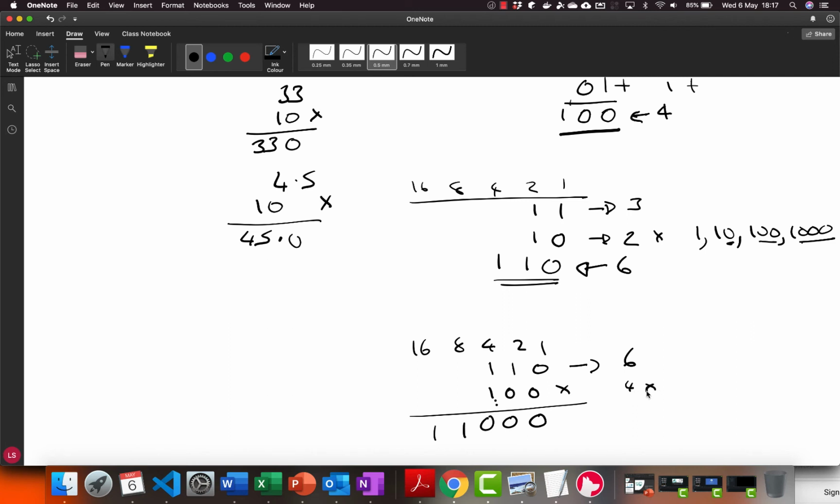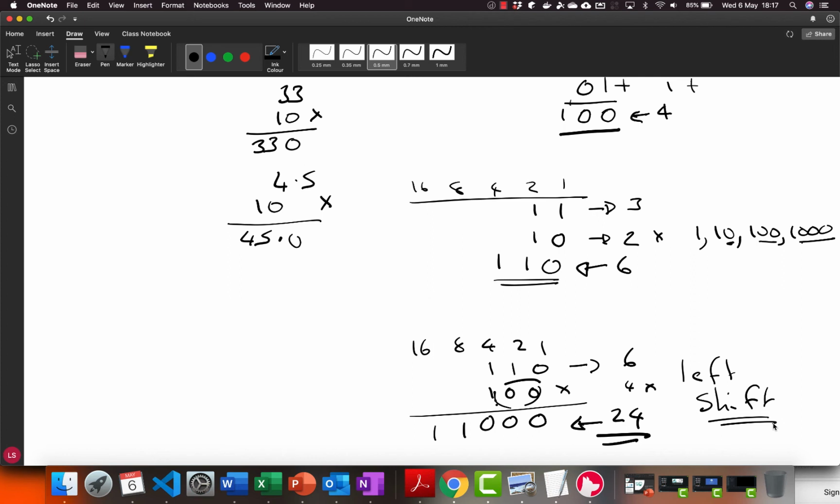So 6 times 4 is 24. And one lot of 16, one lot of 8, 0, 0, 0, that's 24 there. So however many zeros there are, that's how many places we are going to left shift our number.